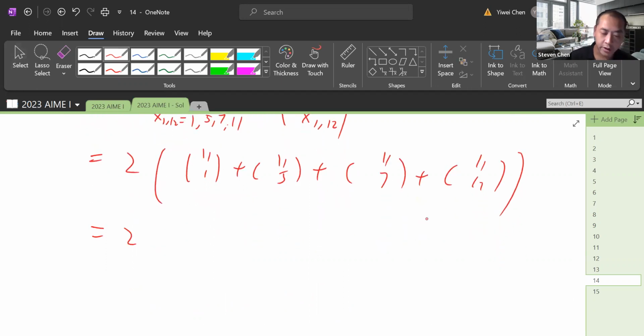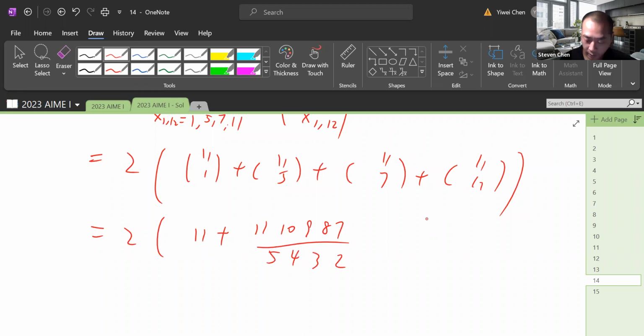So this is just very basic algebra. The first number is 11. Next, 11 choose 5. So this cancels out. Okay, so this gives us the value.